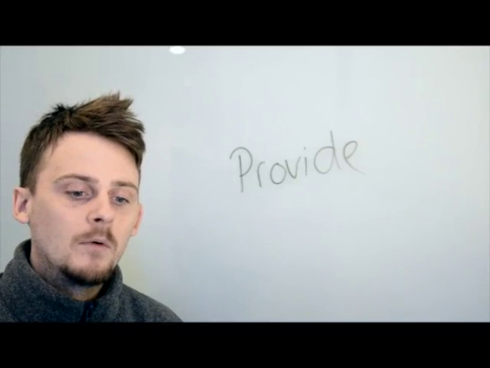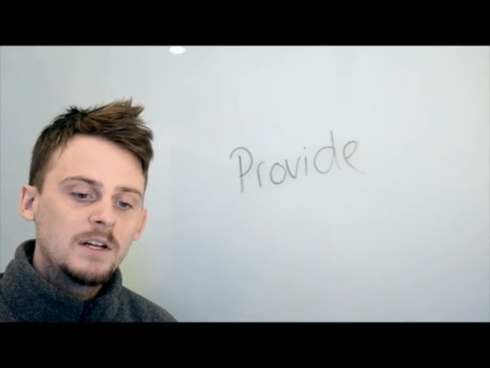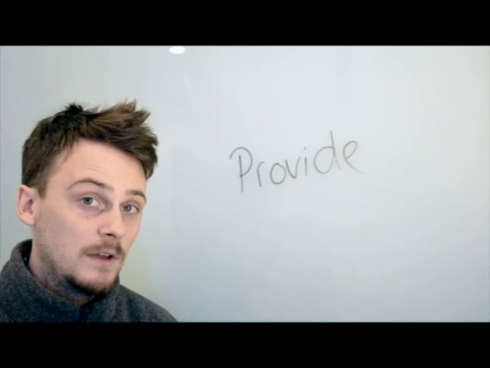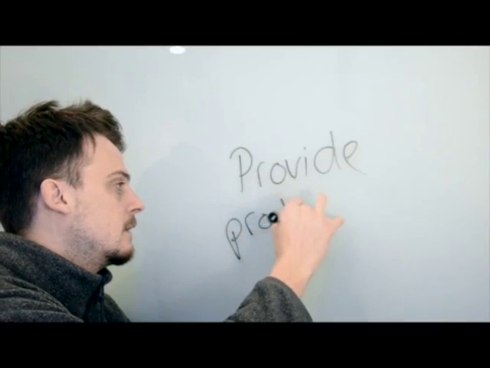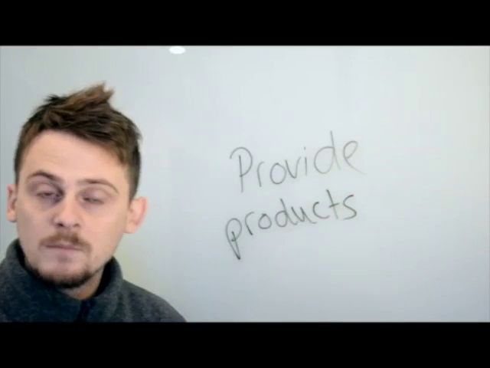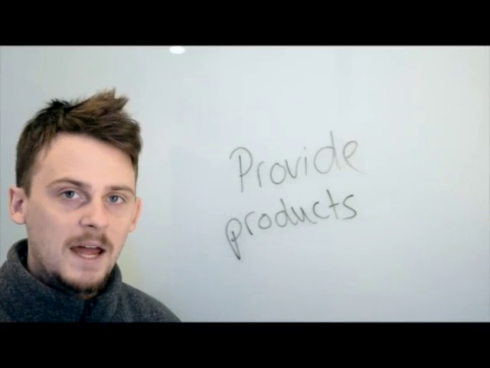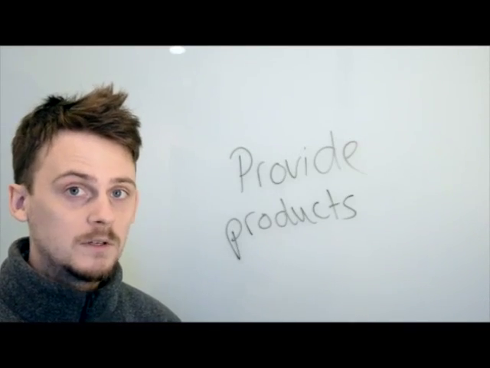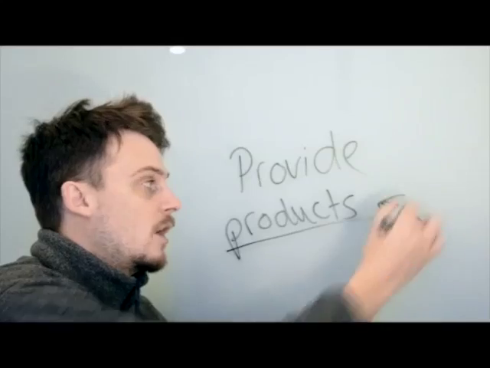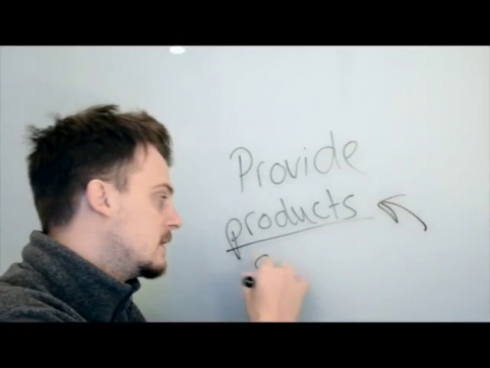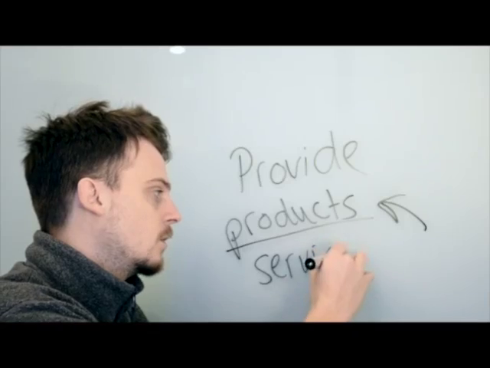Here's another example. I think Apple provides great products and great service to their customers. So you know Apple, right? Maybe iPhones and iPads and MacBooks. These are the products. The things they make are the products. And services or service.